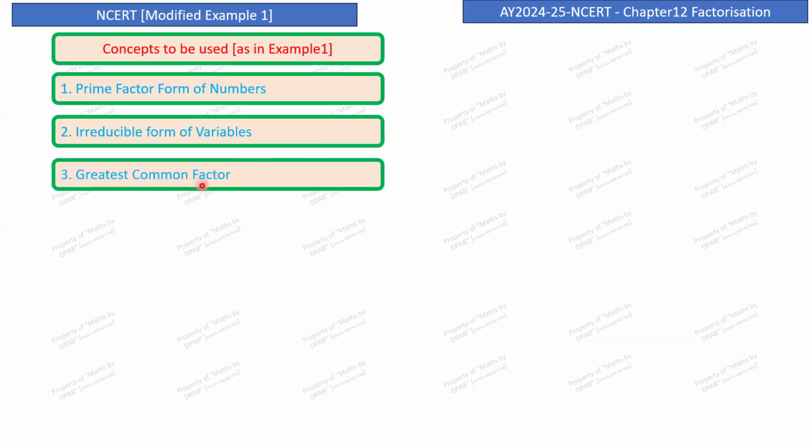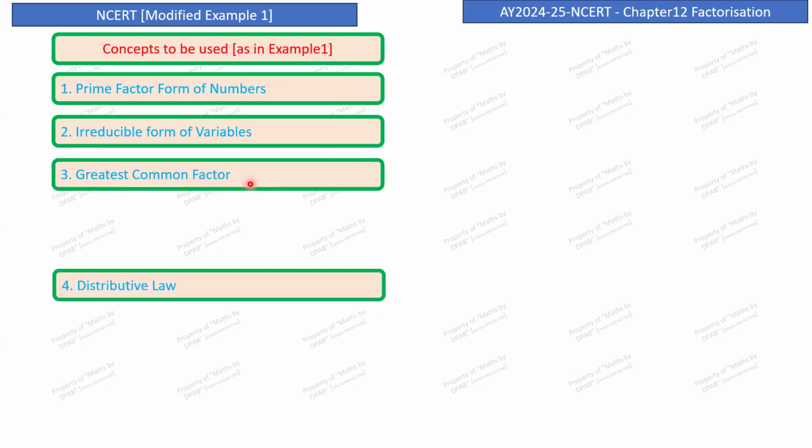Next, greatest common factor, which you have already learned. If you have not learned it, please go back and learn it from any resource, from your book of CBSE 5th standard or 6th standard or any other standard you are comfortable with. You can go through some website also, or the R.D. Sharma book or NCERT book. What is greatest common factor? Please learn it and come back here.